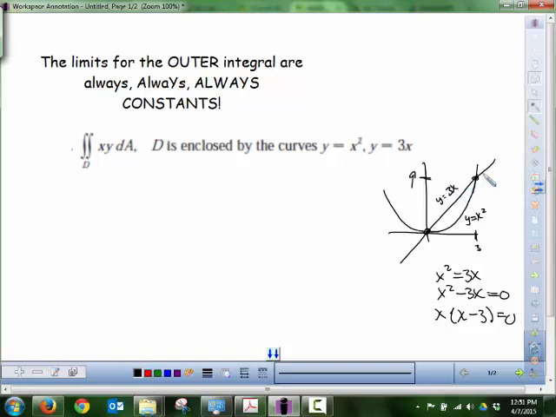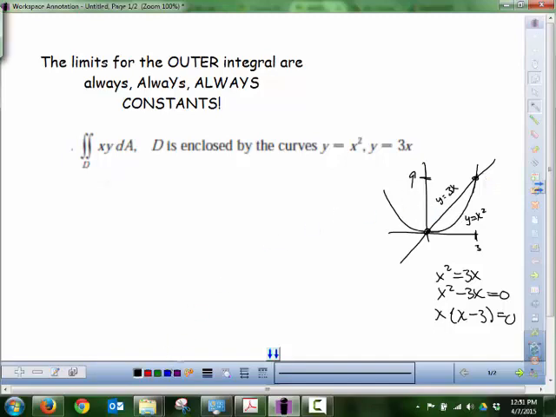I think it's a good exercise to set this up in two different ways just to get used to setting up double integrals. And also, if you set it up one way and decide you need to go a different way just for the sake of being able to integrate the integrand, then you should know how to set it up either way.